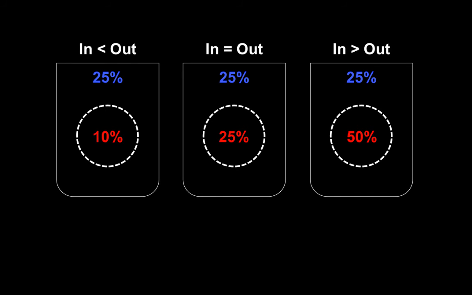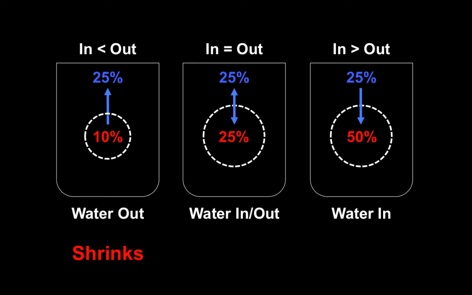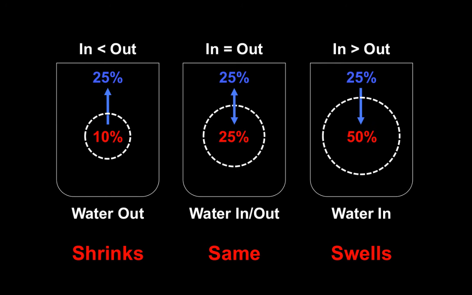So if the water moves to the higher number, water is going to move out, in and out at the same rate, and in, and that's going to result in the cells shrinking, staying the same or being at equilibrium, and swelling. So again, find where there's more salt, that's which way the water moves, and then the cell is going to react.